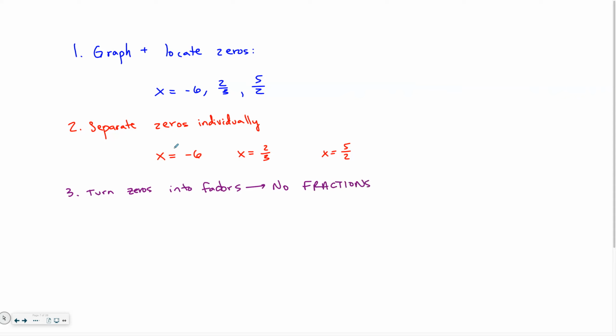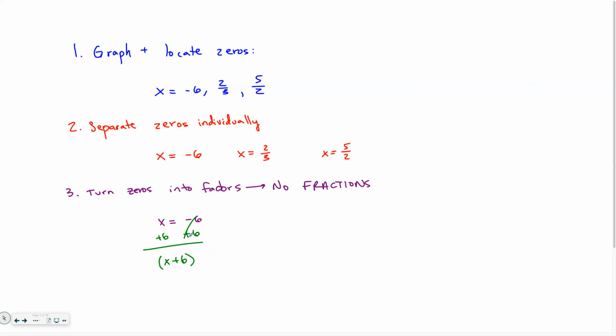So let me talk about how we turn this zero into a factor. You take x equals -6. To turn it into a factor means you set everything on one side and get this back to where it's equal to 0. So what is the opposite of subtracting 6? You would add 6. And so I would have x plus 6, and you just put it in parentheses, (x + 6). There's one factor.